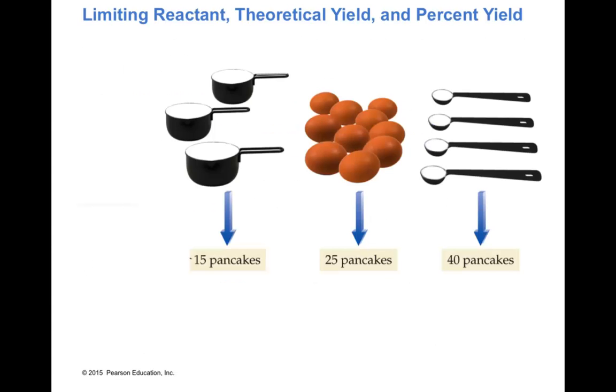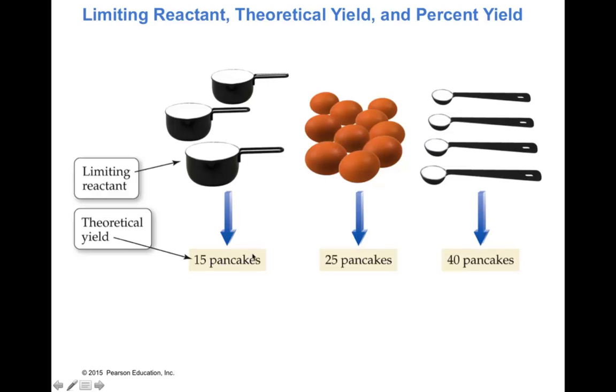So here we have that 15 pancakes will be produced by 3 cups of flour, 25 pancakes will be produced by 10 eggs, and 40 pancakes will be produced by 4 teaspoons of baking powder. So flour is the limiting reactant because it's limiting the other ones to 15 pancakes, even though you have a lot of eggs to produce more than 15. But because you have this amount of flour, you are limited to producing at most 15 pancakes.